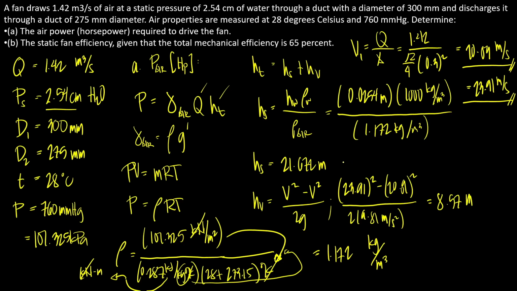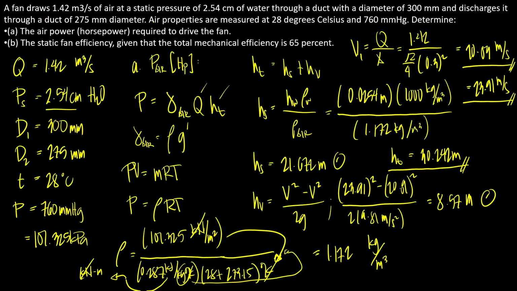We just need to add this, so we have the H total of 21.672 plus 8.57, which is 30.242 meters. Okay, and now we solve for the air power.